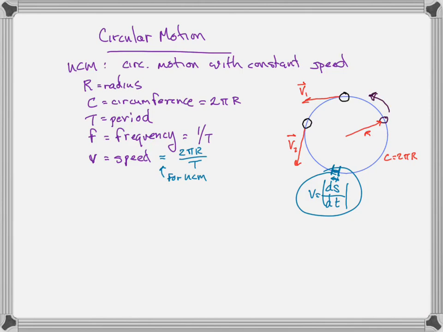So the speed is 2 pi r over T, or, since period is 1 over frequency, it's also 2 pi r times f. You can write it either way, or you can see that it's the circumference over T, or the circumference times f, whatever you want. But that's the speed for an object in uniform circular motion.